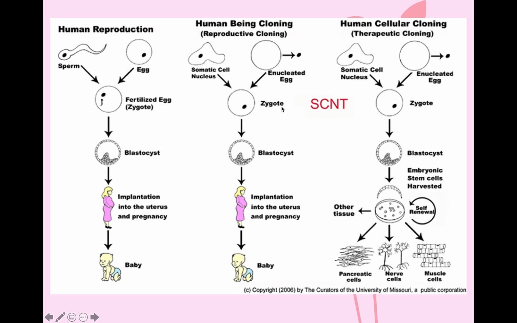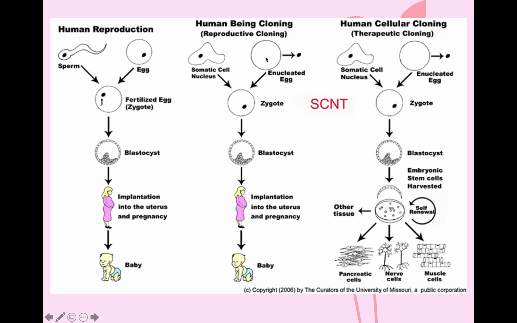Here they are in diagrams, so probably you can see it better and see the differences in terms of how it is done exactly. What you could notice from over here is, again, the normal human reproduction that we go through is as such. Human cloning, or reproductive cloning, means that you need a somatic cell nucleus plus an enucleated egg.